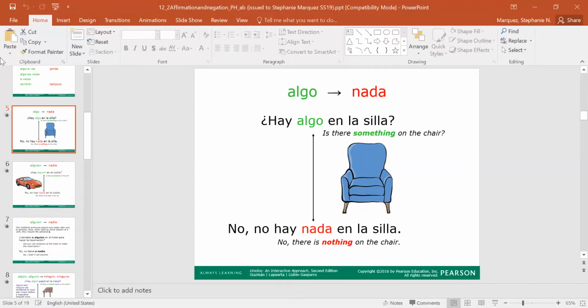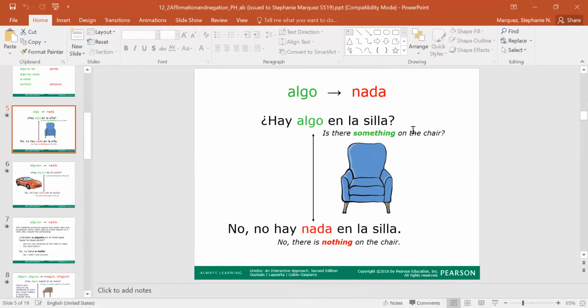So we're going to see, for example, algo means something, as you can see in the context here, and nada means nothing. So I won't go through all of these, but for example, someone is asking a question, ¿Hay algo en la silla? Is there something on the chair?